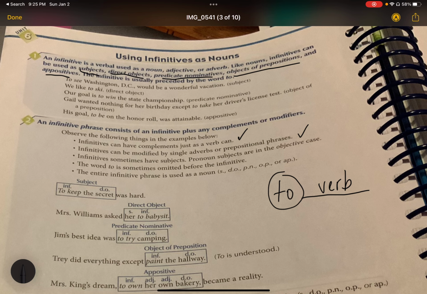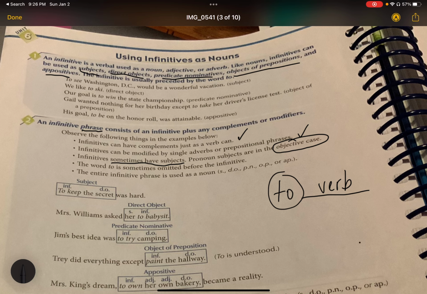They can also, and I think this is really interesting, have their own subject. It's not the subject of a sentence and it's not considered a clause, it's still considered a phrase, but it can have a subject. And you'll see an example in just a minute. If there is a pronoun subject to an infinitive, it still takes the objective case, not the nominative case.